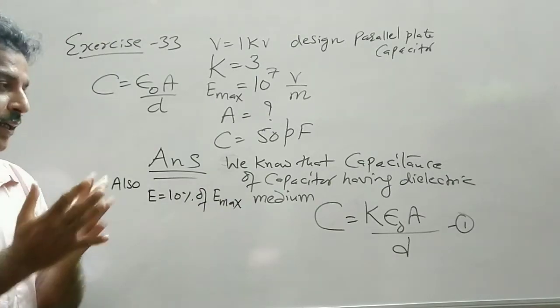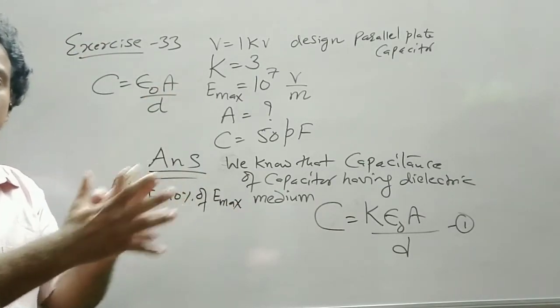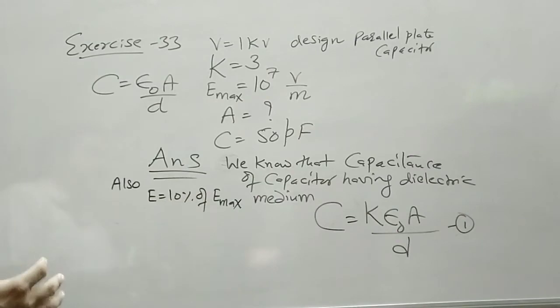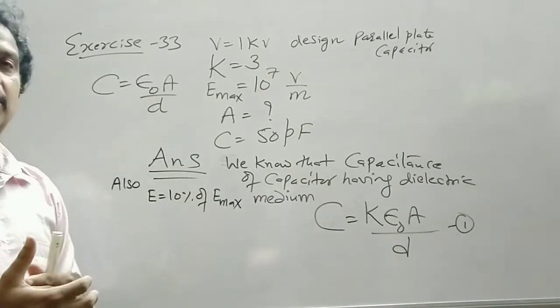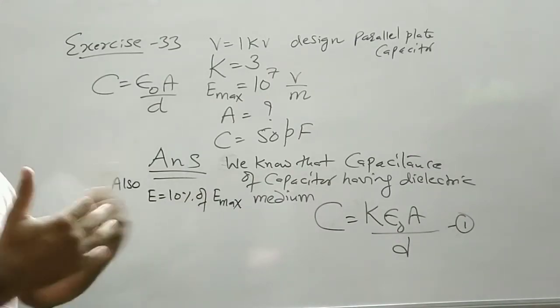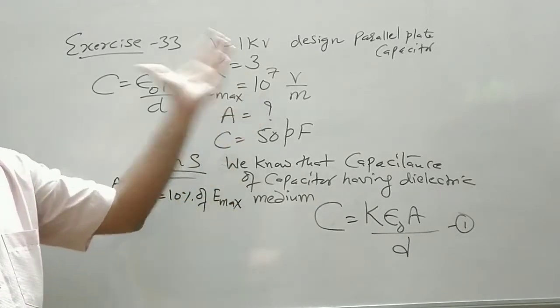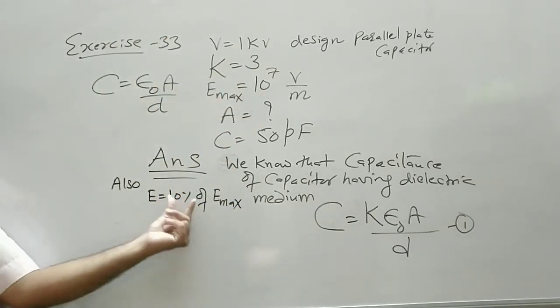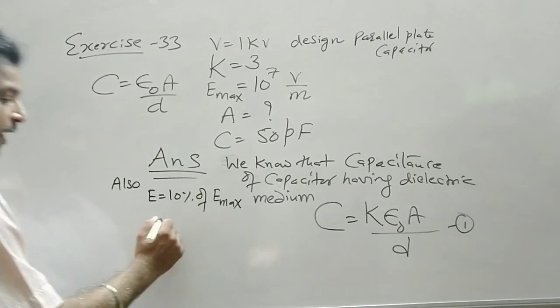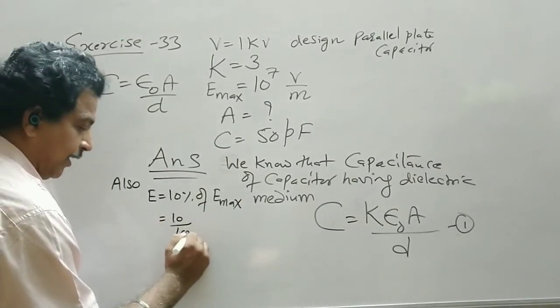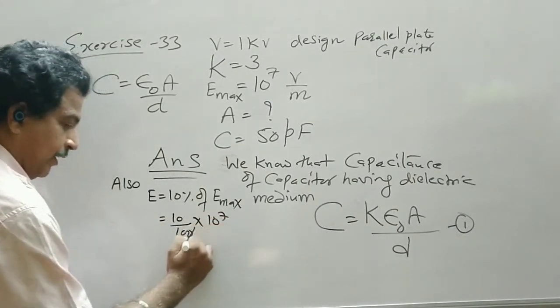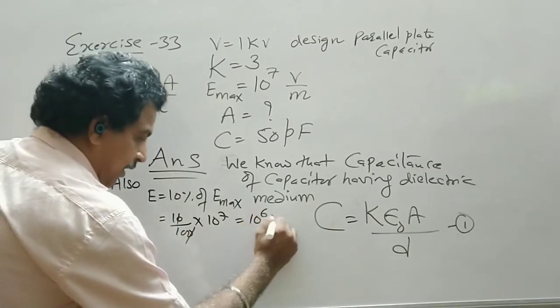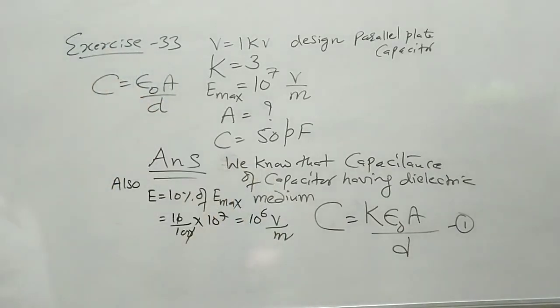When the dielectric medium is introduced, polarization takes place. So the polar molecules or non-polar molecules get disrupted beyond this Emax. So for safety purposes we have to take 10% of Emax. So it becomes 10 upon 100 into 10⁷. So directly it can be written as 10⁶ volt per meter.